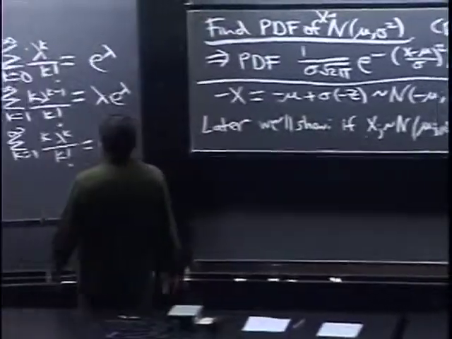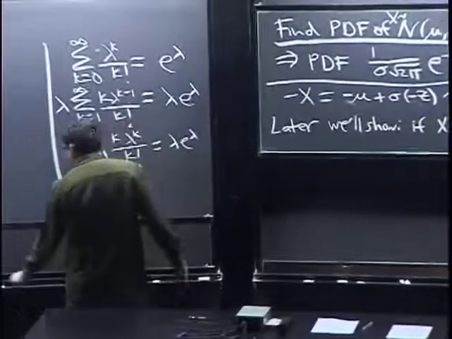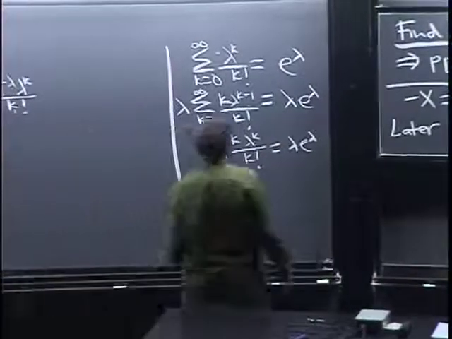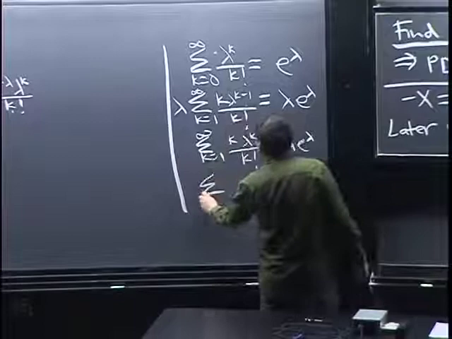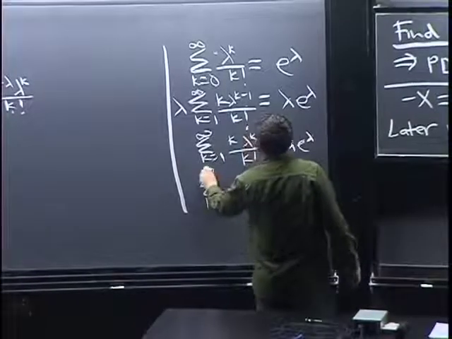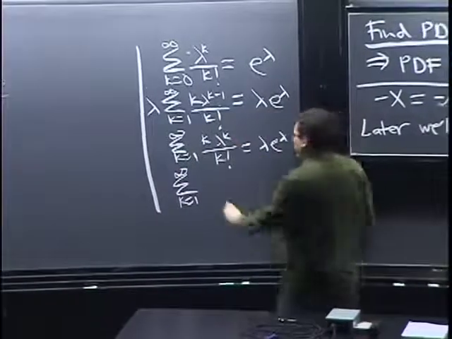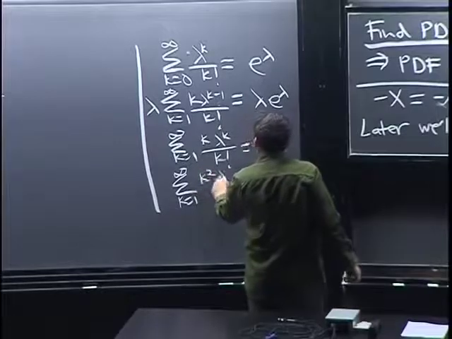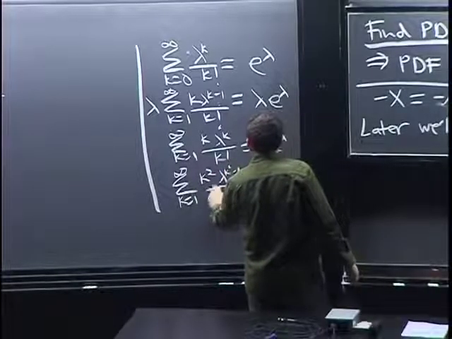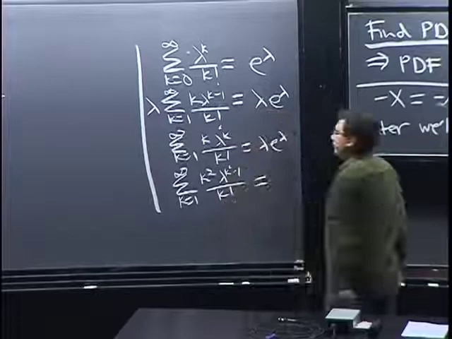So take the derivative a second time, with k equals 1 to infinity. Now it's k squared, lambda to the k minus 1 over k factorial. Well, now we have to use the product rule.